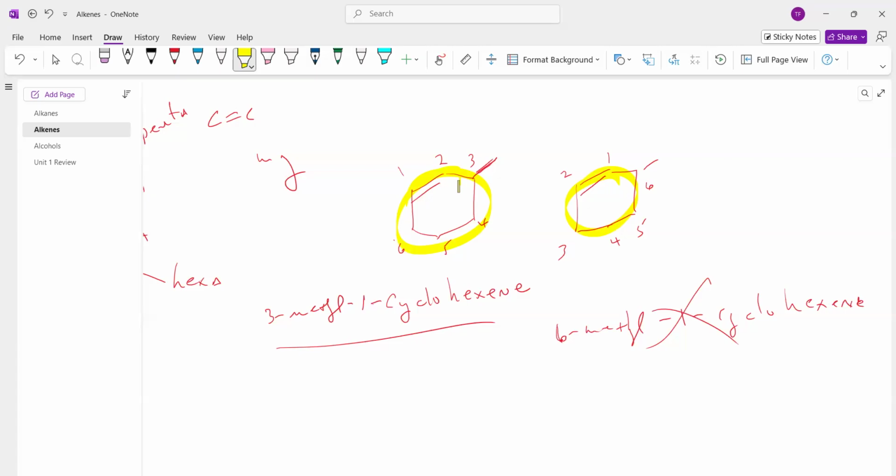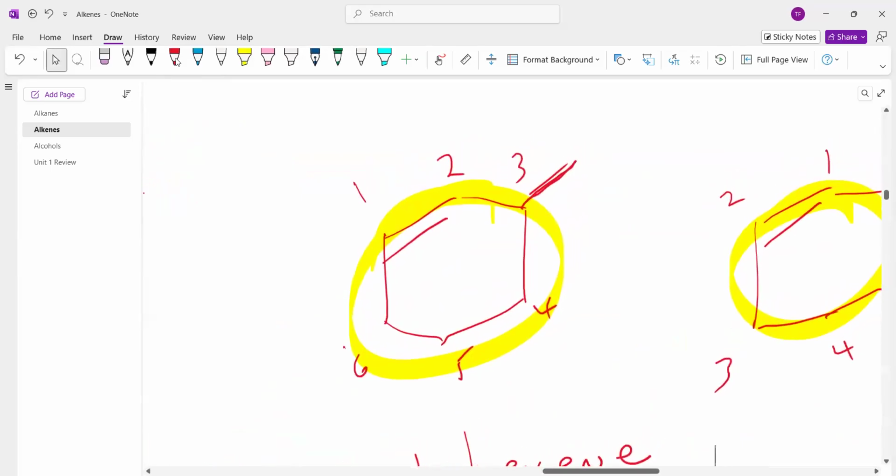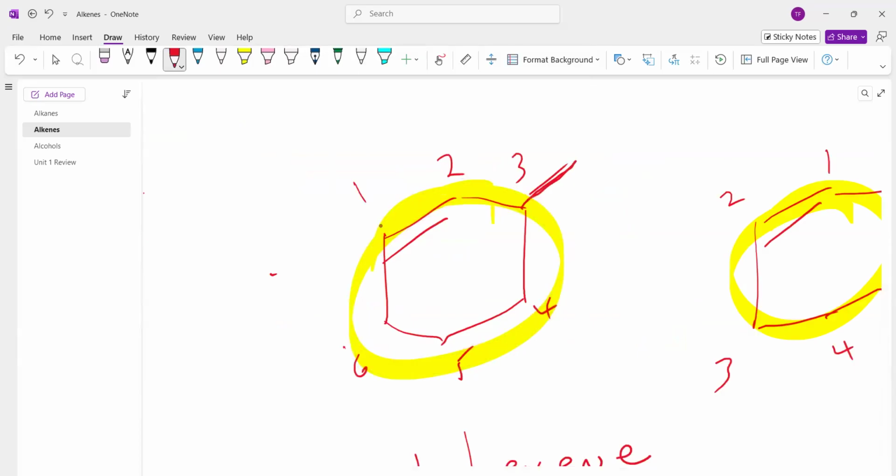So let's home in on this here. Right here is a hydrogen, and right here is a hydrogen. Now, remember with double bonds, we have one less hydrogen on either side, because the carbon has 4 bonds from our Lewis structures.